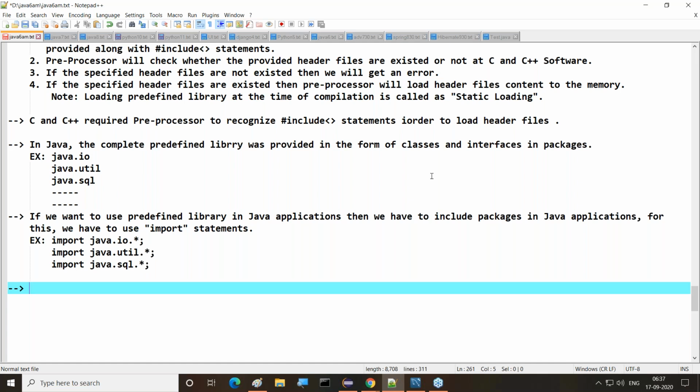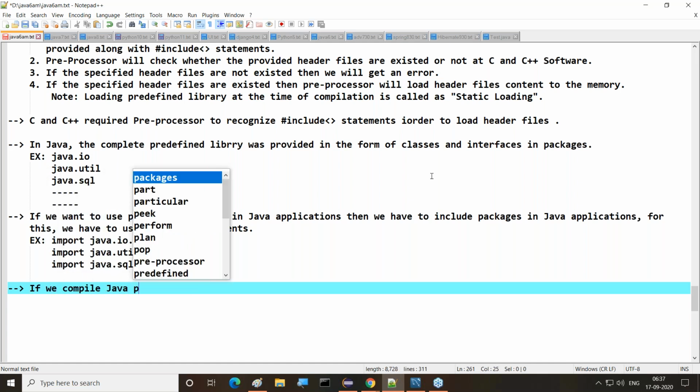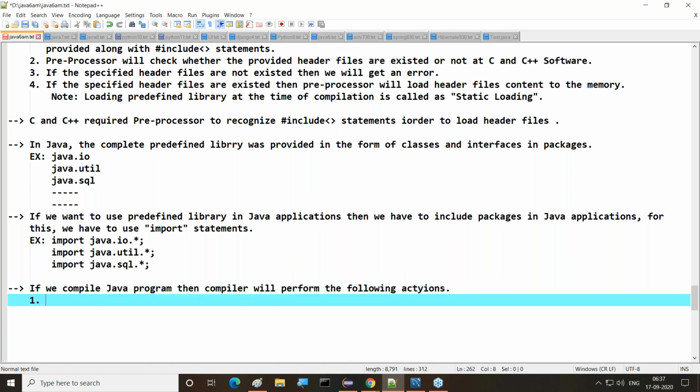Observe carefully what I'm telling you. If you compile a Java program, the compiler, not the preprocessor, please remember this. In the case of C and C++, when we compile a C program, then the preprocessor will do some actions. But in the case of Java, if we compile a Java program, then the compiler will perform the following actions.